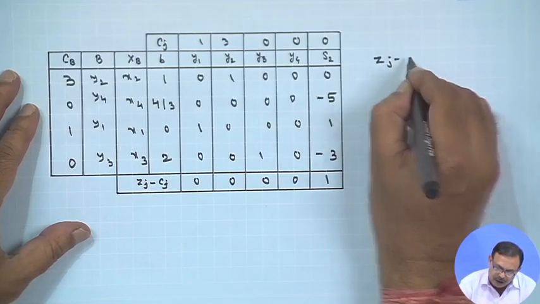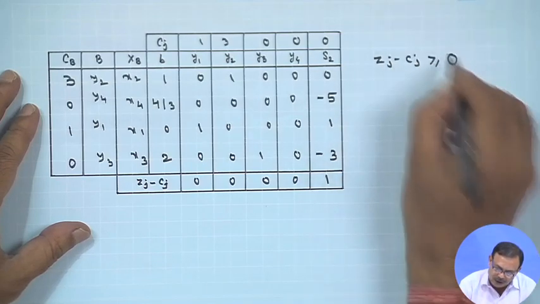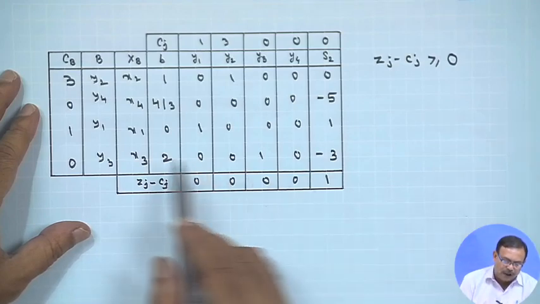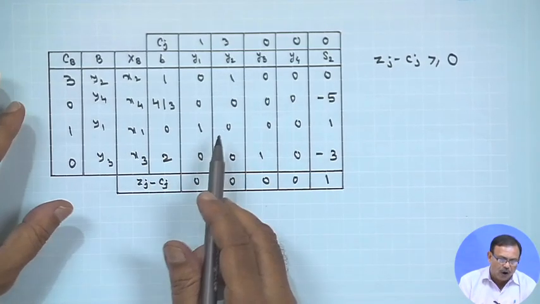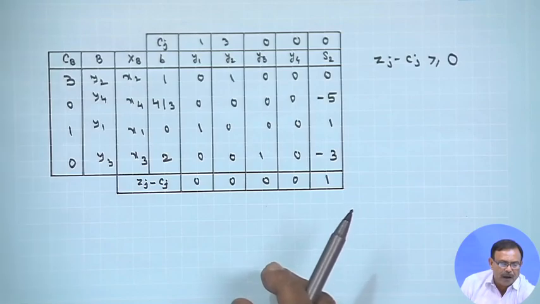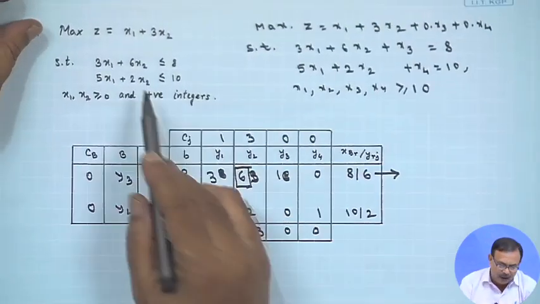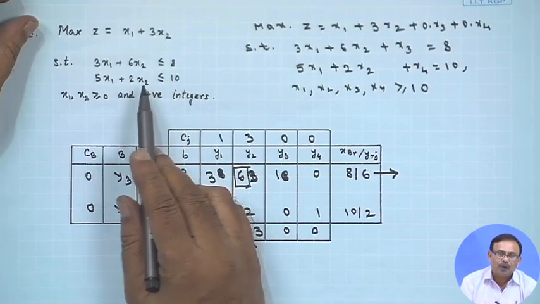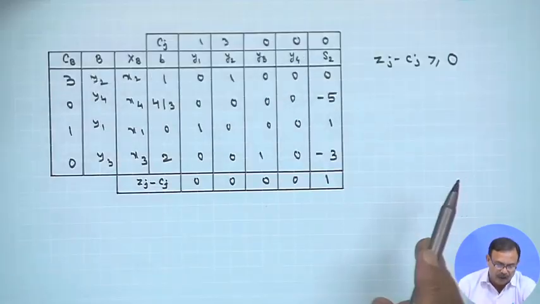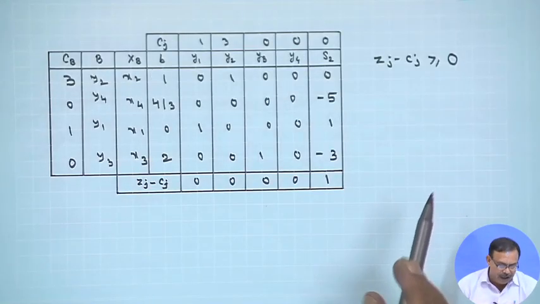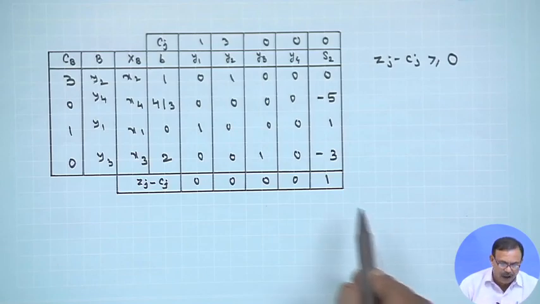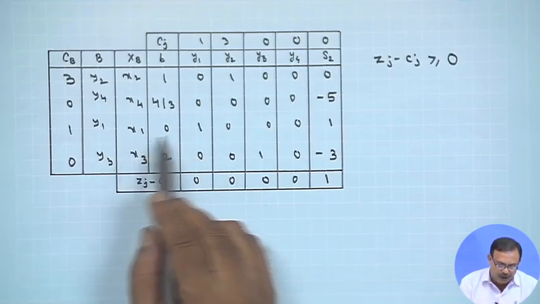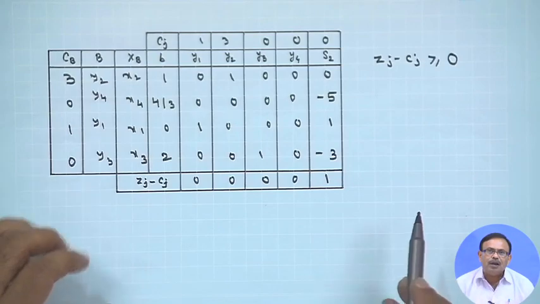So, your Zj minus Cj is greater than or equal to 0, and for the decision variables, your original problem was maximize z equals x1 plus 3x2. So, your two decision variables were there, and here what you are obtaining is that the values of both decision variables are integers.